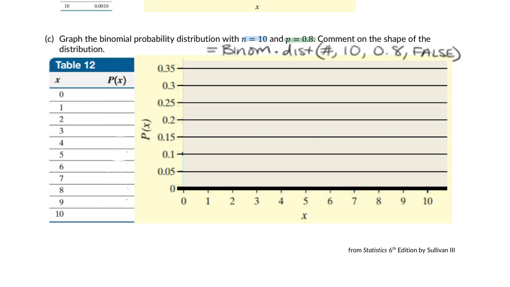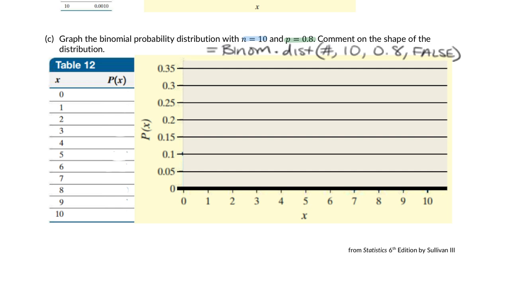If you're following along with me on Excel, this one I only need to go through 10, so I'm going to delete the bottom cells, because that's the number of trials I have. Here I am doing equals BINOM.DIST, open parentheses.